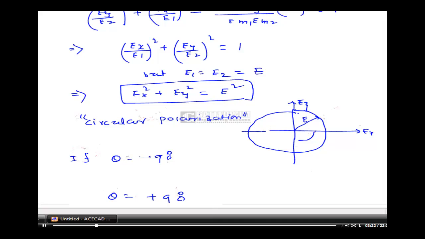If you observe, the rotation is like this. So we are coming towards the right hand. So we can call it right-handed circular polarization.